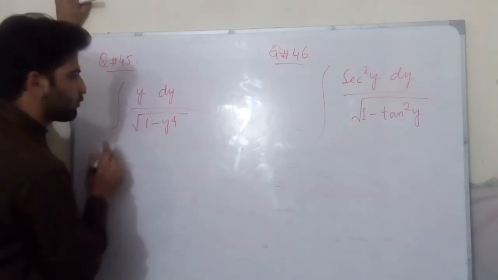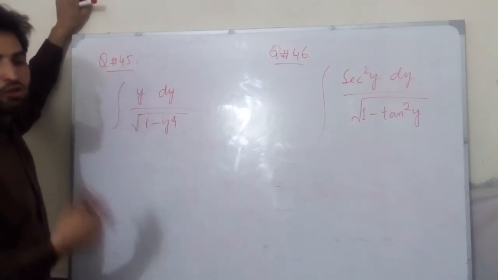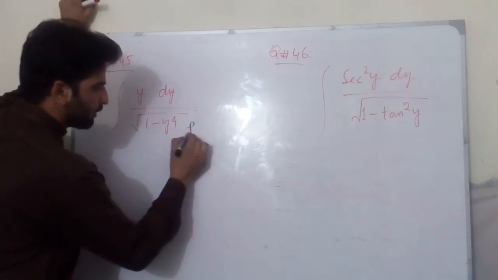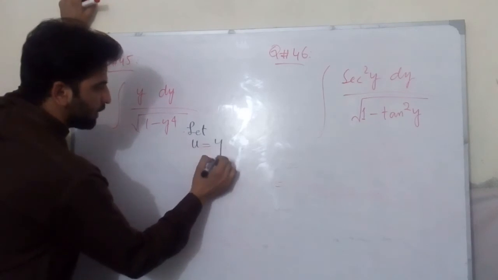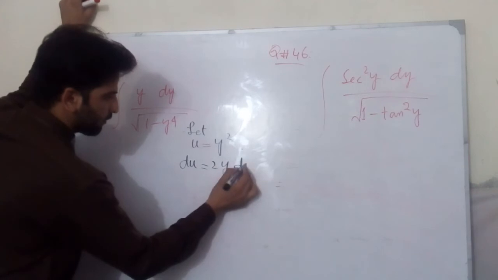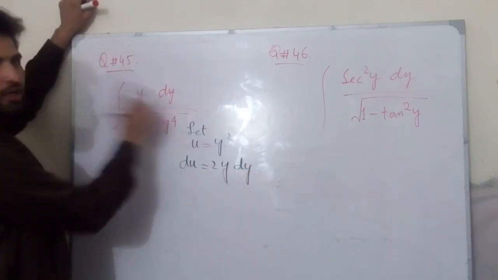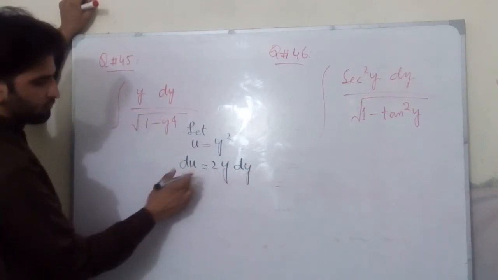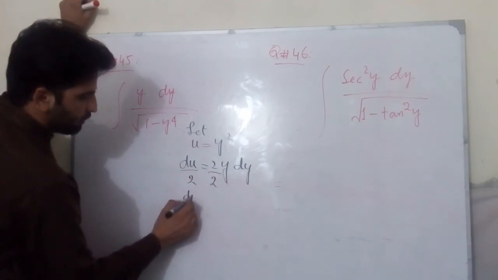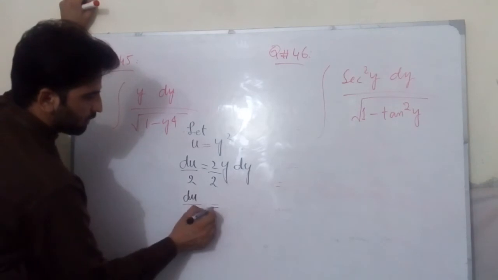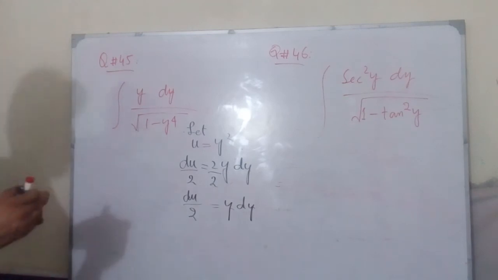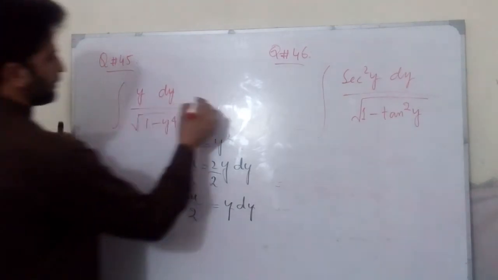Under the root you have 1 minus u square, so let u equal y square and du equals 2y dy. But here it is y dy, so you have to remove the 2. So divide by 2 both sides. So du by 2 equals y dy. No problem over here. So you can put it in this question.